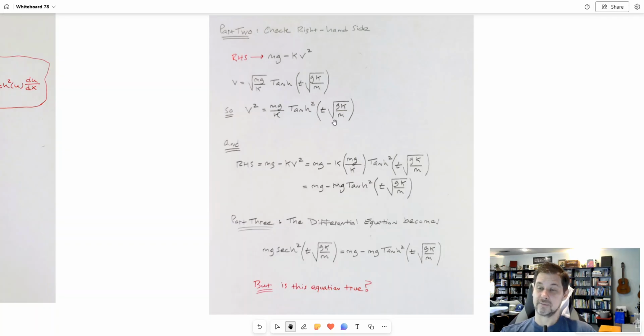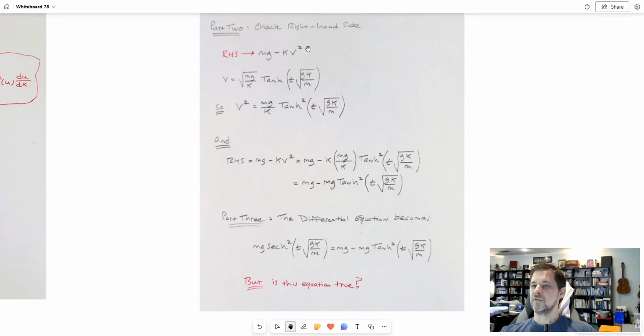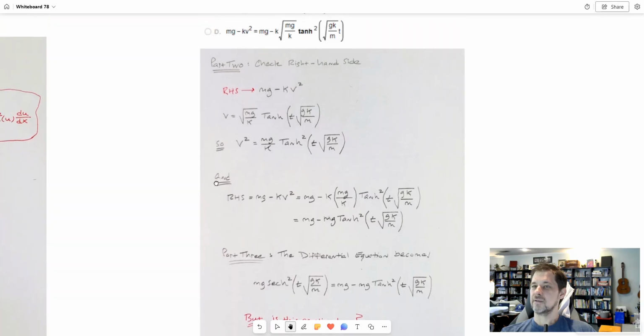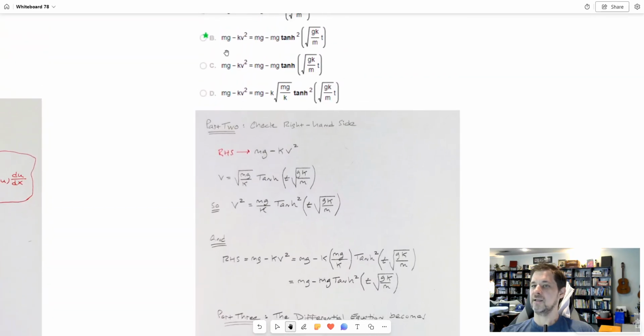That's what would happen. If you were to raise the product of two numbers to a power, each number gets that power. So that's what you're looking at. All right. So now that I figured out that, let's work the rest of this out. The right-hand side is mg minus kv squared. That's mg minus k times this. The k's cancel, and I get this. All right. So that is the right-hand side.